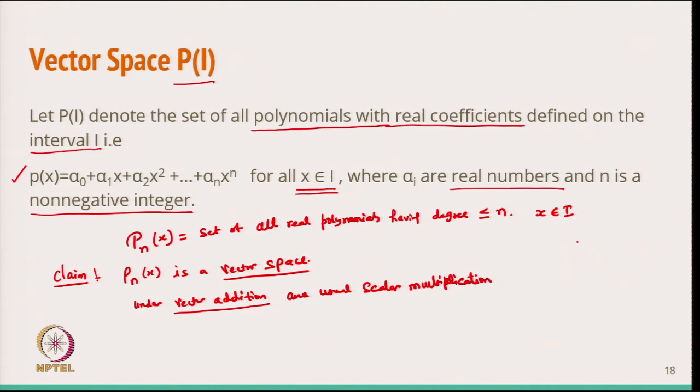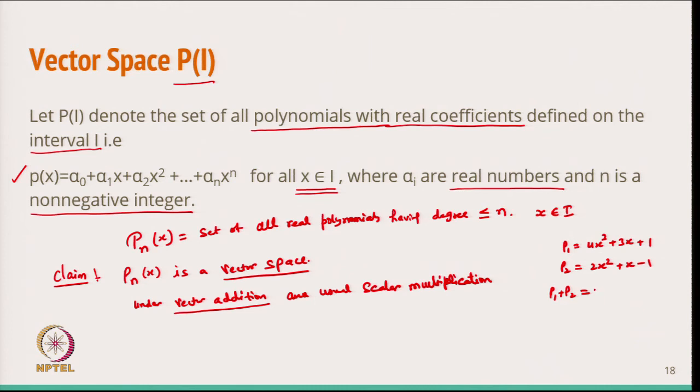For example, suppose I take a polynomial P1, just take 4x cube plus 3x plus 1, and I take P2 as 2x square plus x minus 1. Now, we know that if I add the polynomials P1 and P2, then the terms with the same power will add.